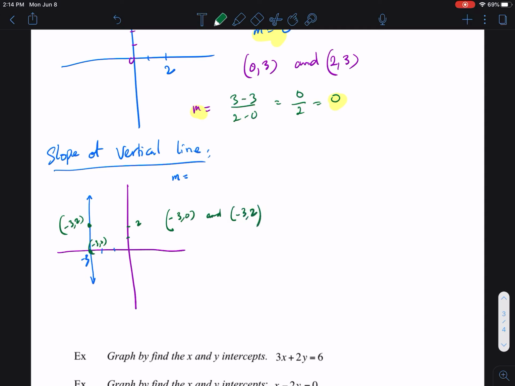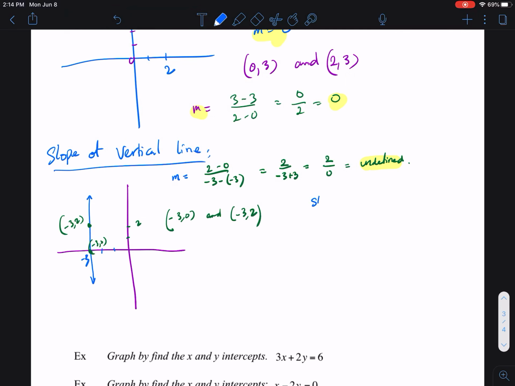Okay, so let's go ahead and plug that into the formula. We have 2 minus 0 over -3 minus -3. We're looking at 2 over -3 plus 3. So 2 over 0. Well, if you remember, anything divided by 0 is going to be undefined.